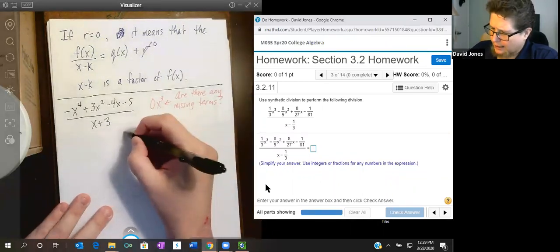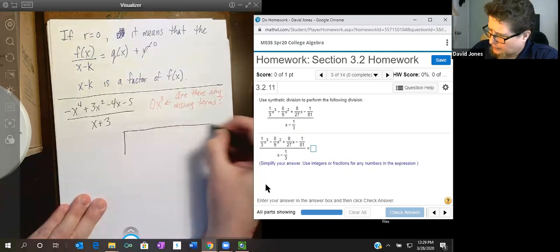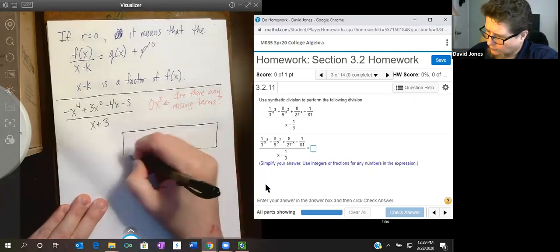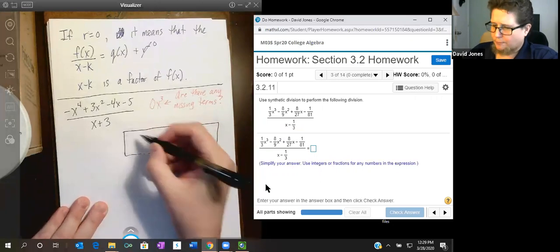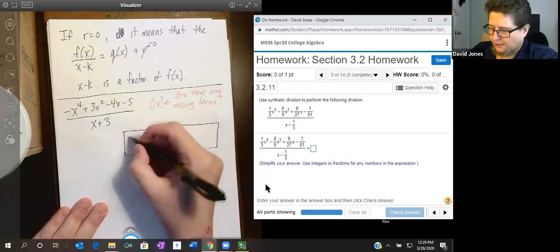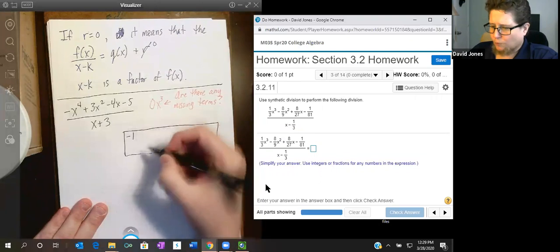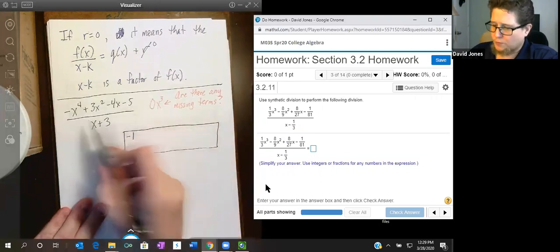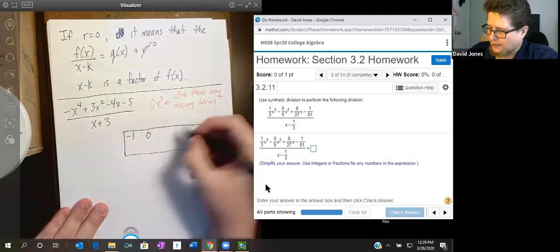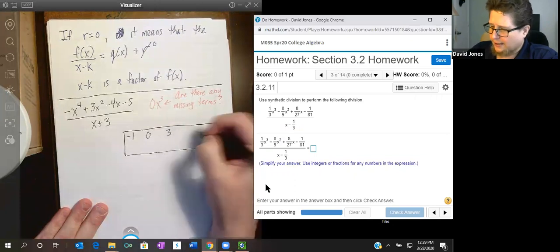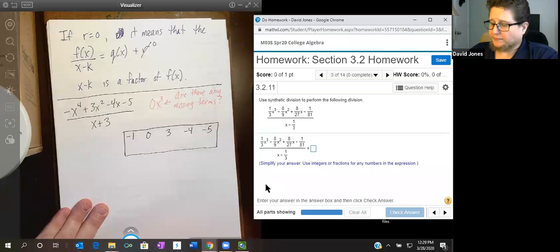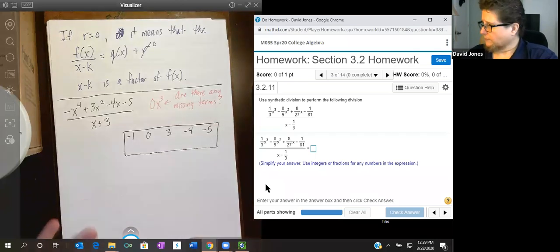So I'm going to make my box. And I put the coefficients on the top. -1, then I need the x cubed term, 0. Then x squared is 3, then -4, then -5. The question is, what do I put out front?